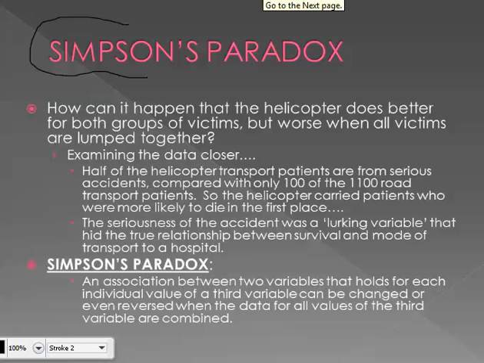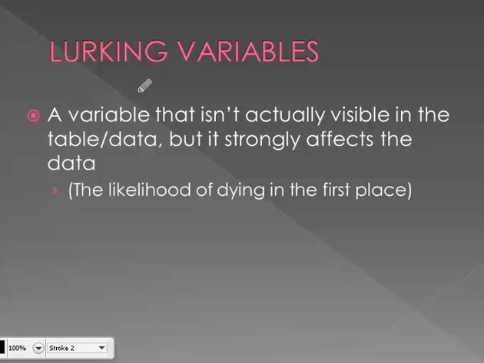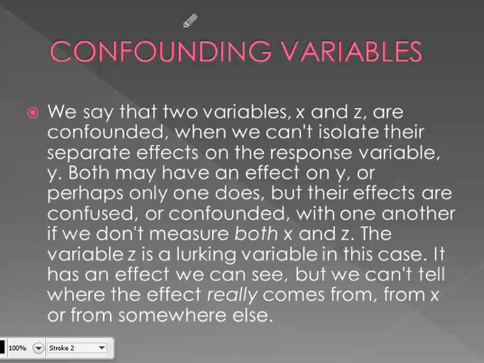So that lurking variable can make your data actually do the opposite of what you think it should do if it's not excluded out. A lurking variable is a variable that isn't actually visible in the table data, but it strongly affects the data. The likelihood of dying in the first place is the lurking variable here in this particular one.